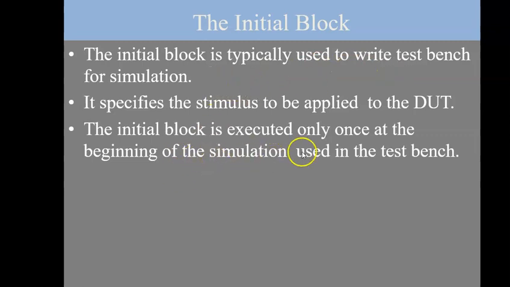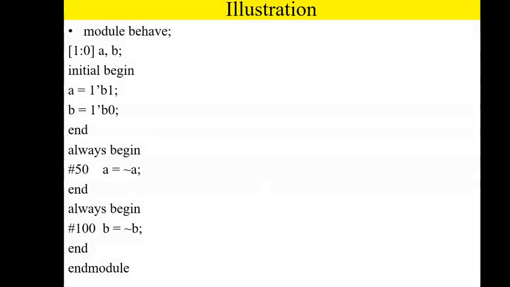So the initial block is executed only once. As I mentioned earlier, the initial block is executed only once at the beginning of the simulation, because the simulation will be performed only once with a given input stimulus. Let us have another example to understand this initial.